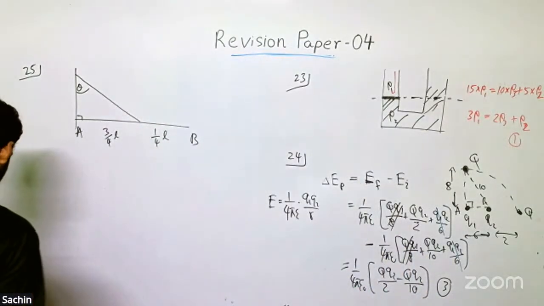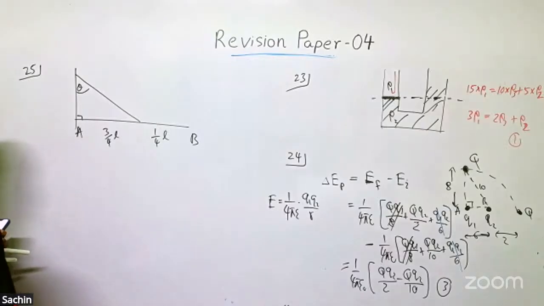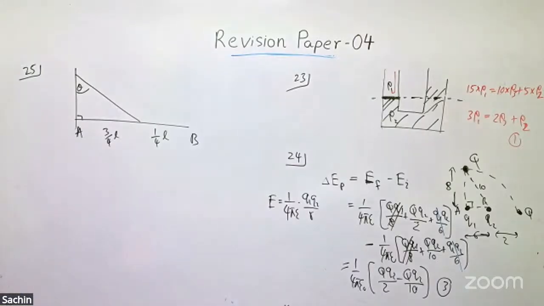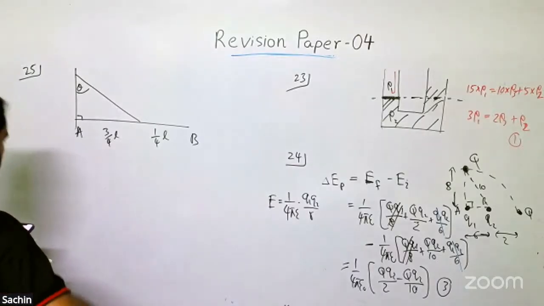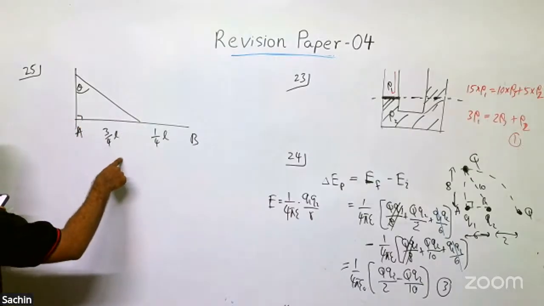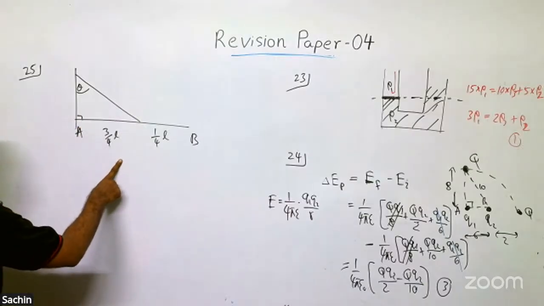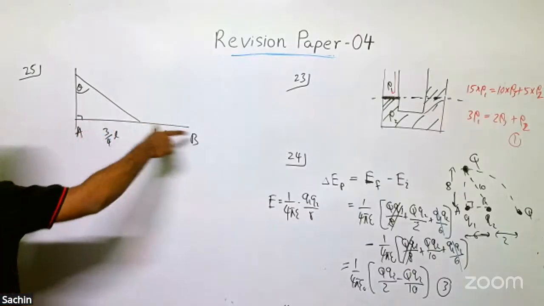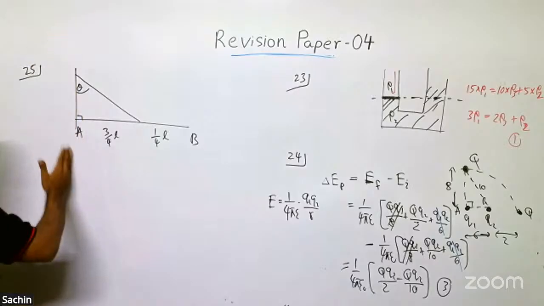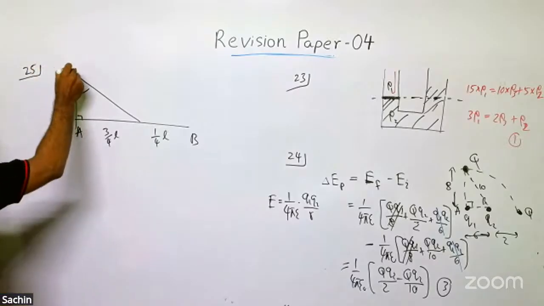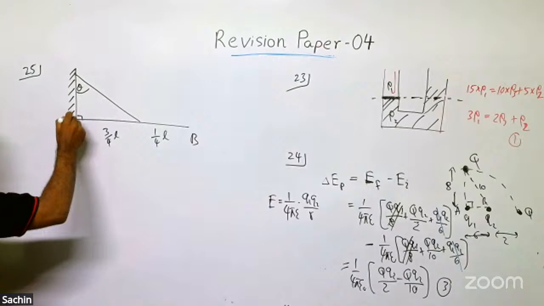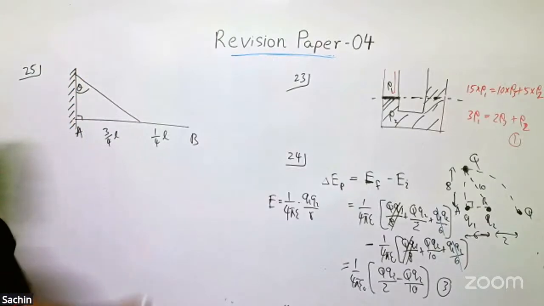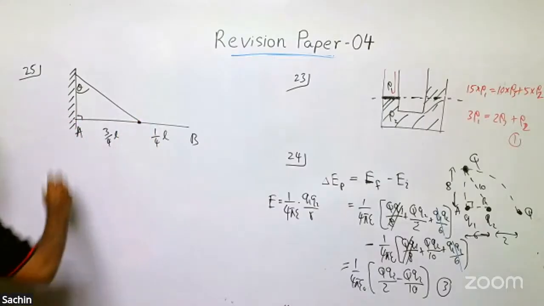The uniform rod AB of weight W is placed against a vertical wall with the aid of a light string tied to the rod at 3/4 of its initial length from A. So there is a string to which this rod is connected, and this is kept perpendicular to this vertical wall, held by this tension as well as the friction.